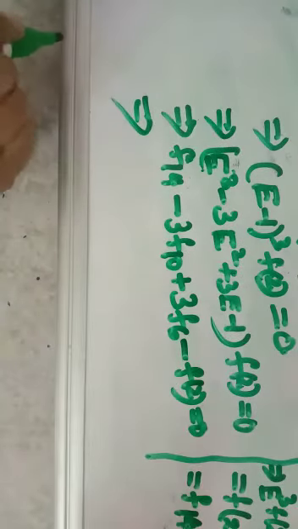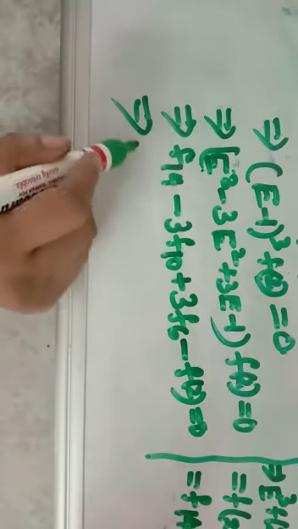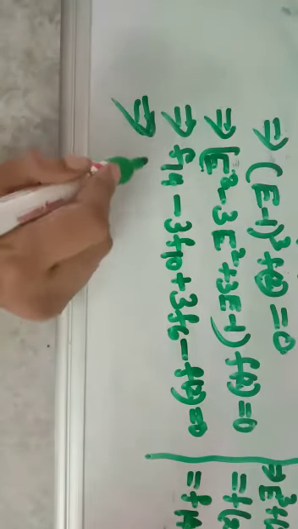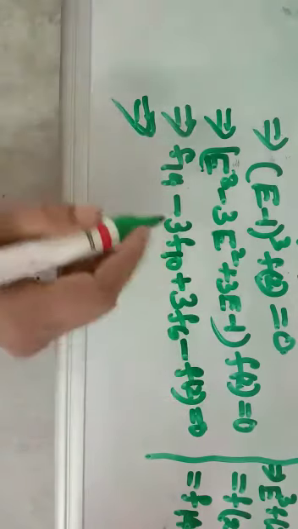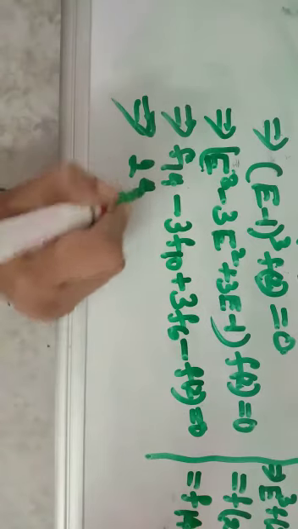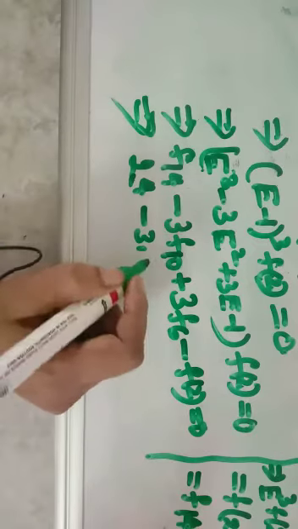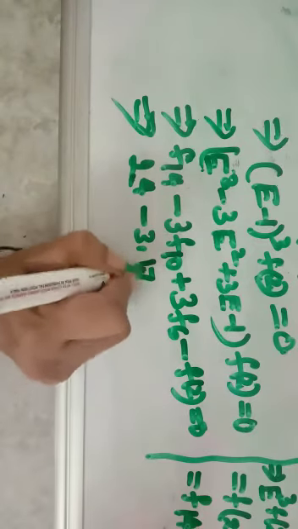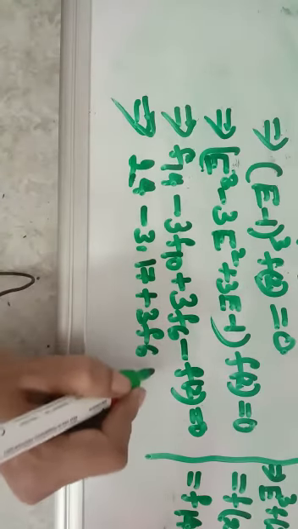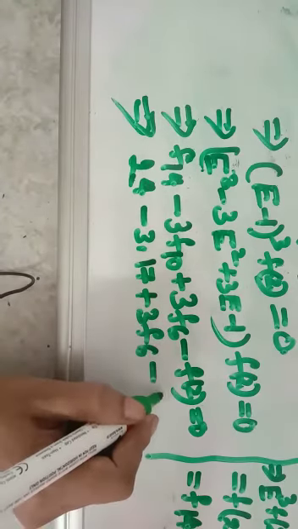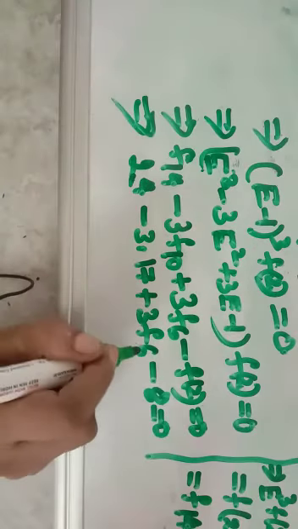That implies f(14), now we put here the value of f(14). The given value is 24 minus 3 into f(10), the given value of f(10) is 17, plus 3 f(6) minus the given value of f(2) is 8, is equal to 0.